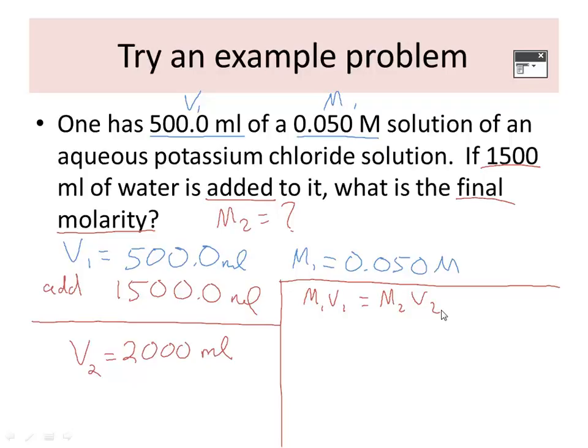Okay? So my M1 is 0.05. My V1 is 500, equals M2, that's my variable I want to solve, times my final volume, which we just calculated, V2 is 2,000. So I can calculate this number, and why don't you guys do that real quick?